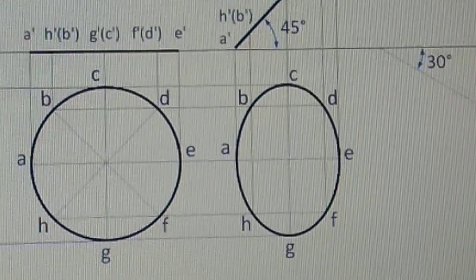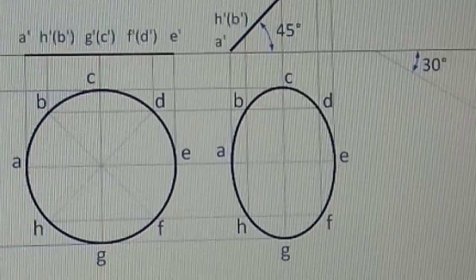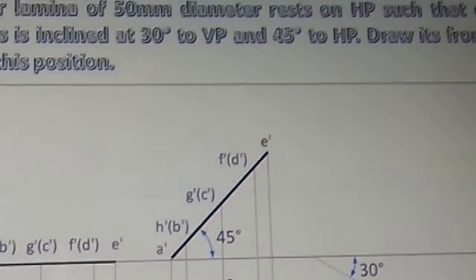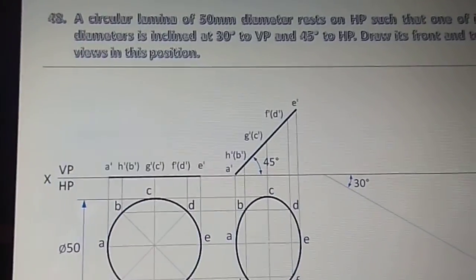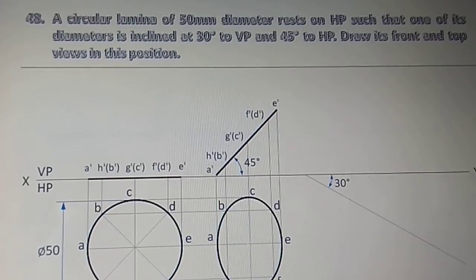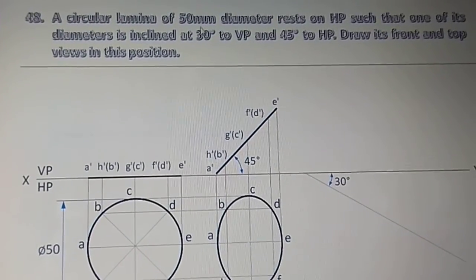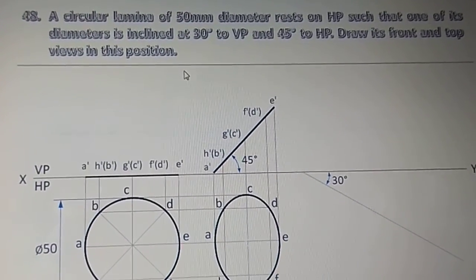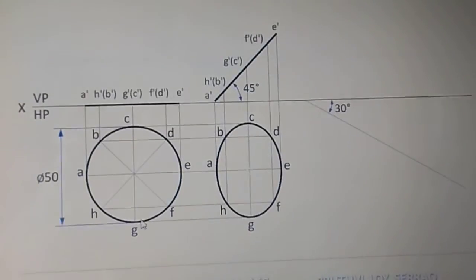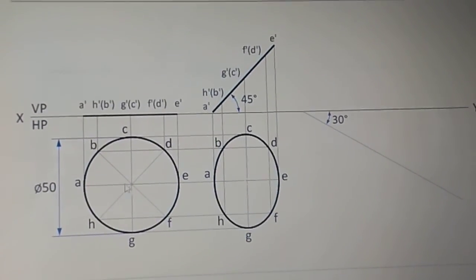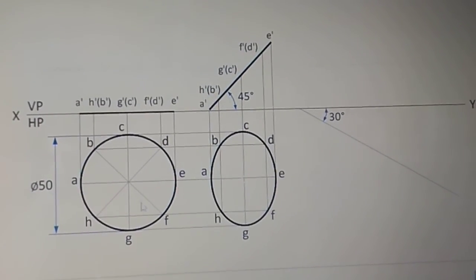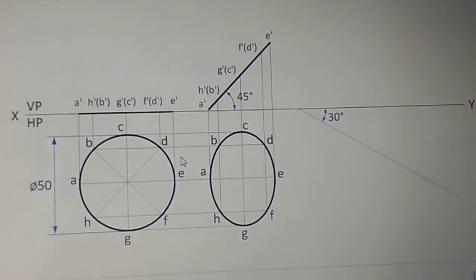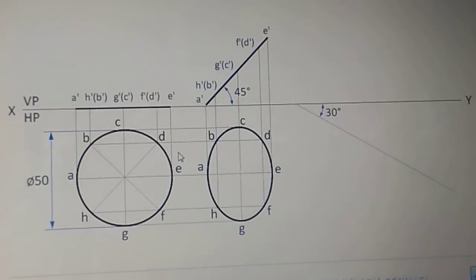Next, see what the problem is asking: one of its diameters. That means the circular lamina is divided into 8 equal parts, and that line, which we call FB, or it may be CG, AE and HD, are equal in length, that is equal to the diameter.